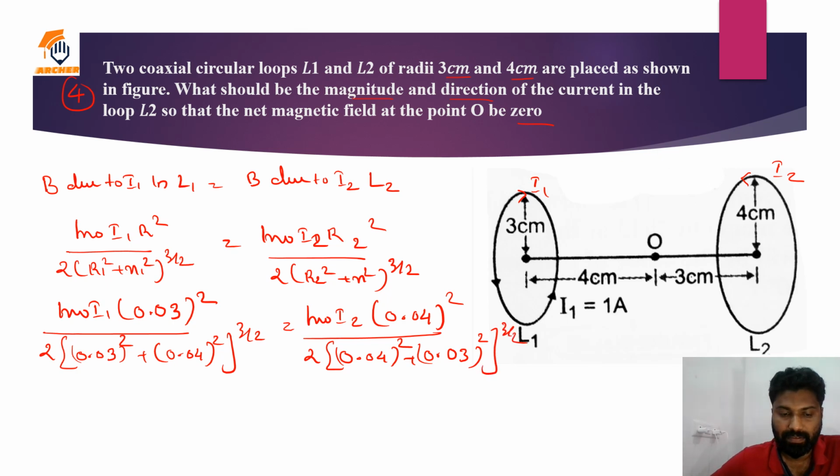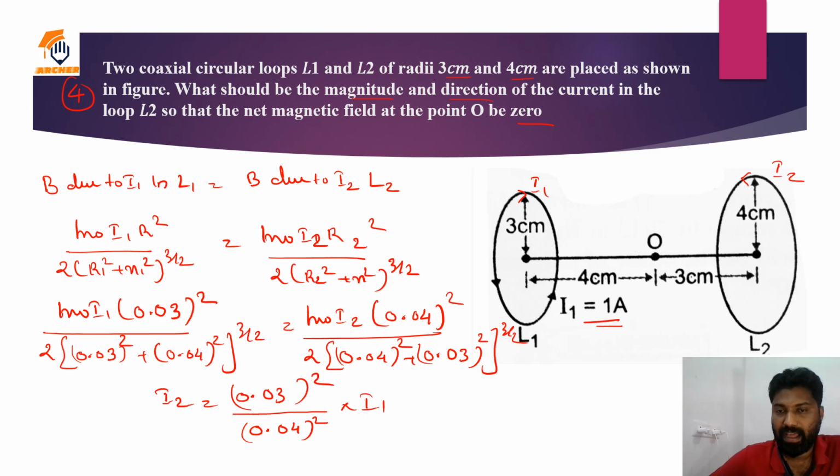From this we can find I2 as 0.03 squared divided by 0.04 squared into I1.